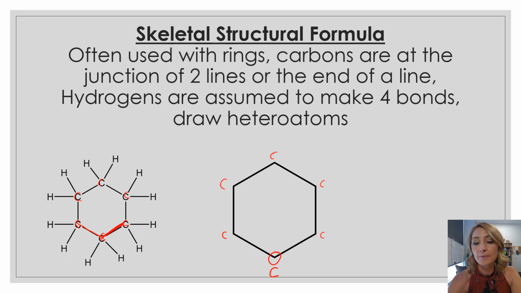So if we had a branch coming off of here, like that, we would assume there's a carbon where these 2 lines come together and a carbon at the end as well. We don't show the hydrogens because oftentimes that's inconsequential. We don't care about the hydrogens, and it really blocks your view for those complex molecules. So this we will get more practice with later.